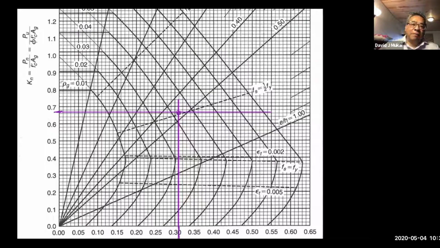So what I'm going to do, as best I can, I'm interpolating between those two lines. This is just your call. That looks like 4.3% to me.